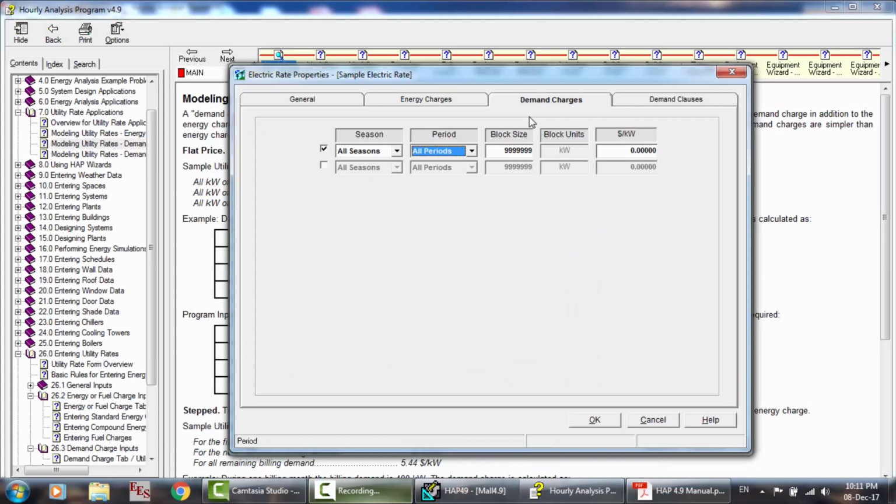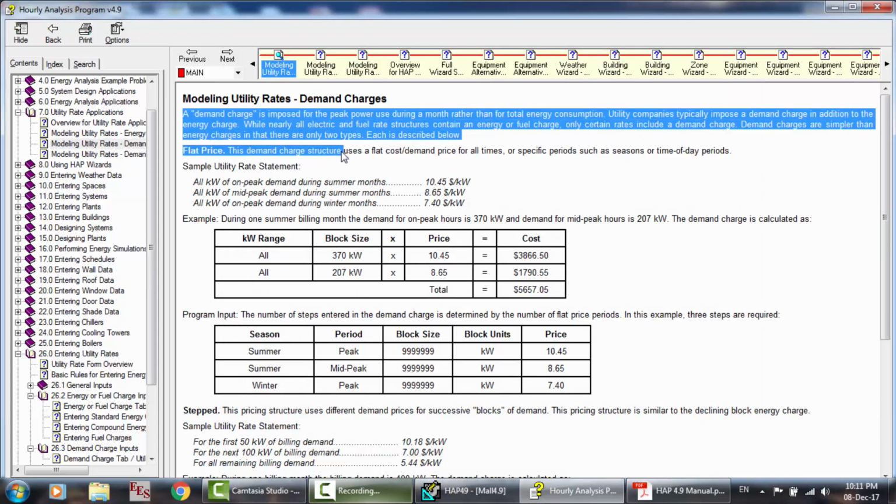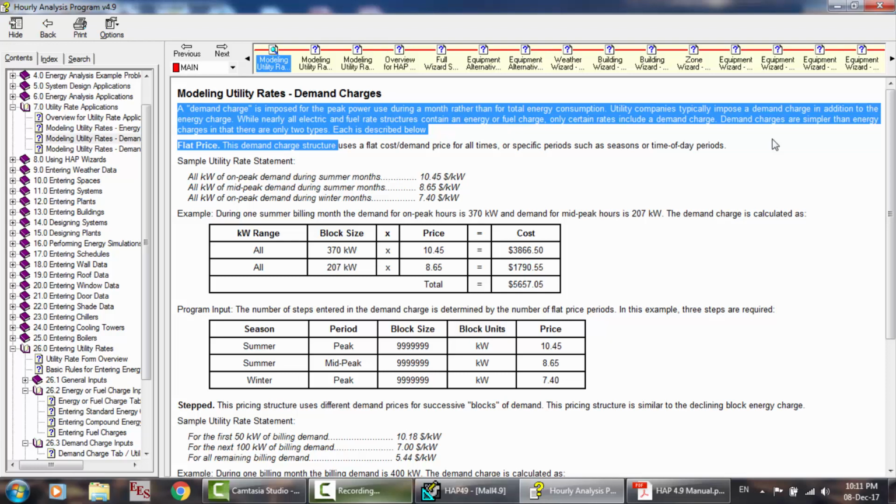So now, gentlemen, if you want to make demand charges for peak, mid-peak, or normal peak, and for all seasons or summer or winter, you have to get this tab. And here, modeling utility rates demand charges. Demand charge is imposed for the peak power used during a month rather than for total energy consumption. Utility companies typically impose a demand charge in addition to the energy charge.